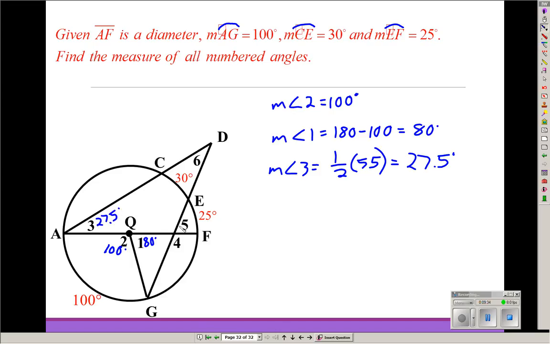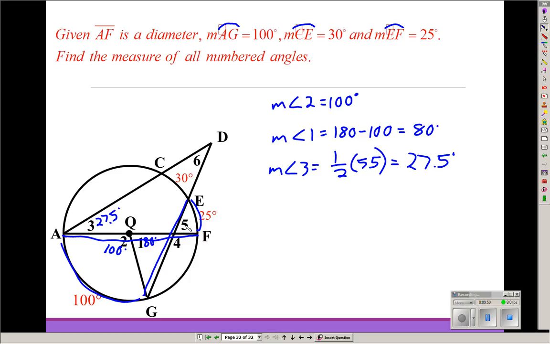Angle 5 here is inside the circle where these two segments intersect. And these two segments also intercept the 25-degree arc and the 100-degree arc. When the intersection is inside the circle, the angle is half the sum of the arcs.